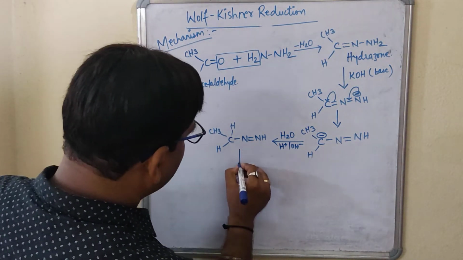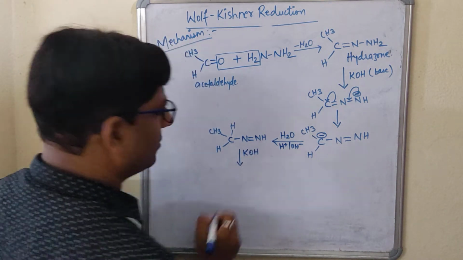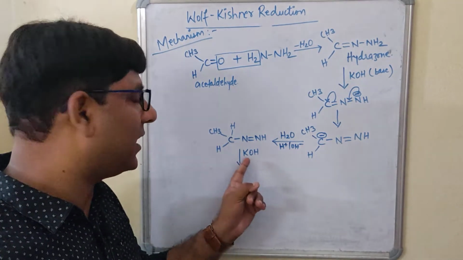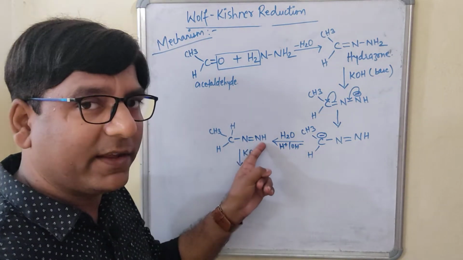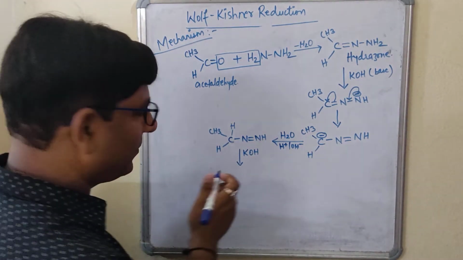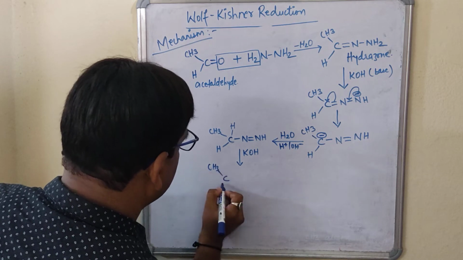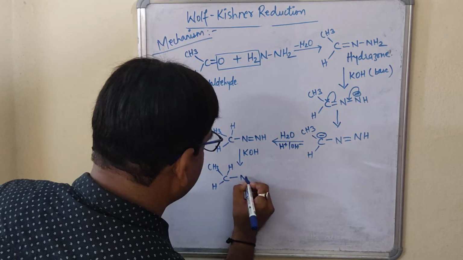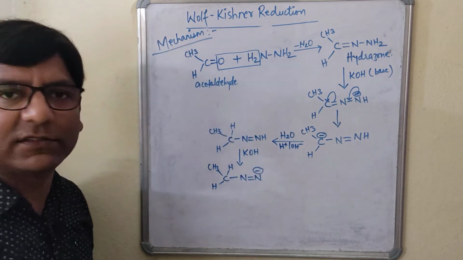Now again in the next step, what will happen? It will react with a molecule of KOH. Again KOH came here, meaning the base, and I told you that the base will abstract the acidic hydrogen. Again you have one hydrogen left over here. Now this hydrogen will move out because of this base. So what will happen? It will form CH3, H, here it will be N double bond N, here we will give the minus.